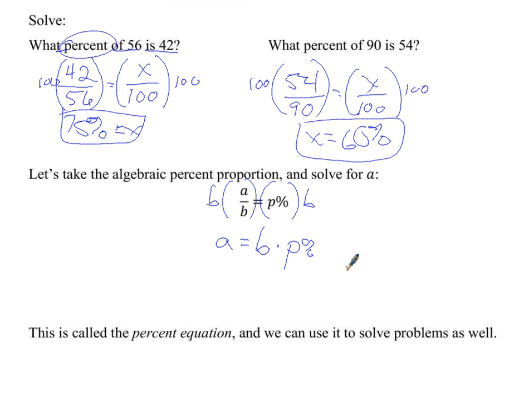What you've done now is created what's called the percent equation, and it can also be used to solve problems rather than setting up the proportion every time and then having to cross multiply. You can work with this percent equation instead.